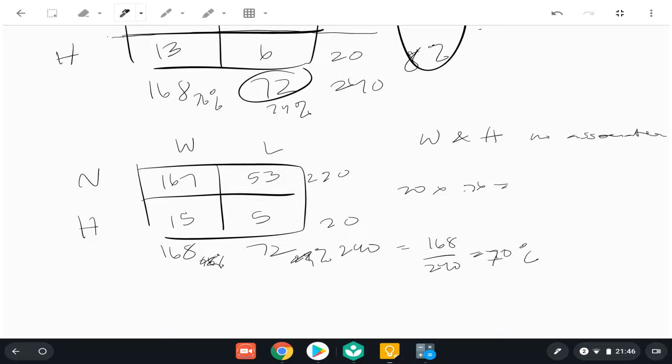So then he'll win 70% of each game. This is the one that I missed.